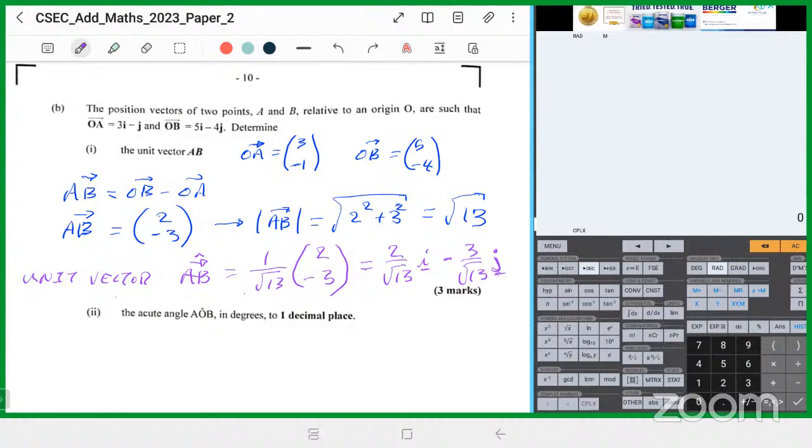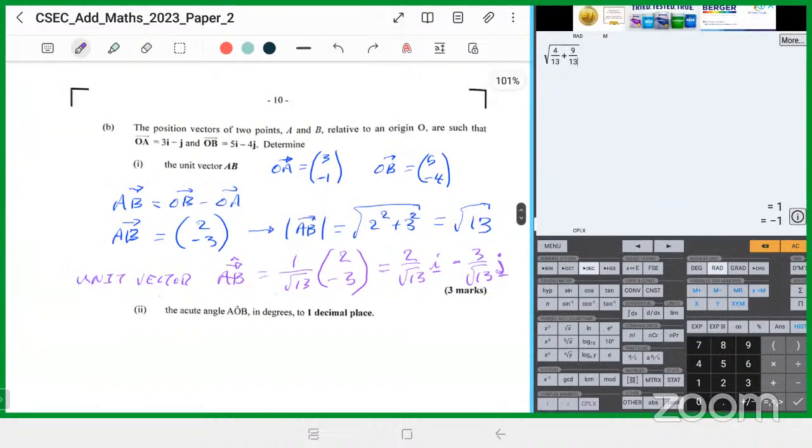So it will be the square root of this expression squared, which basically will be 4 over 13 plus this expression squared, which basically would be 9 over 13. And voila, we get the 1. So this is absolutely correct. All right, so that was like a quick check.